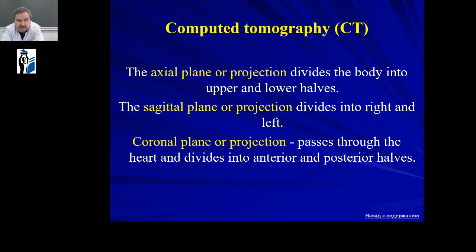Sagittal plane or sagittal projection divides into right and left halves. And third projection is coronal plane or coronal projection, passes through the heart and divides into anterior and posterior halves.